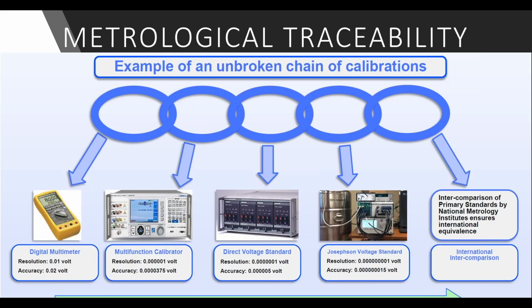Then you have your Josephson voltage reference, which uses the Josephson constant to measure an electron jumping across an array of like 18,000 arrays, immersed in liquid helium at 3.7 Kelvin, so near absolute zero. And you have an accuracy of 15 parts per billion. And then those Josephson standards get intercompared every 5 years. So they'll send the NIST Josephson standard and take those measurements and intercompare it with France, intercompare it with Japan. So this is where this gets really expensive really quick.